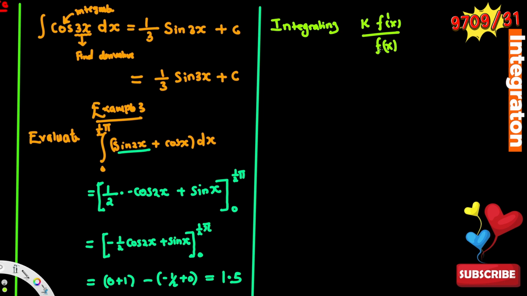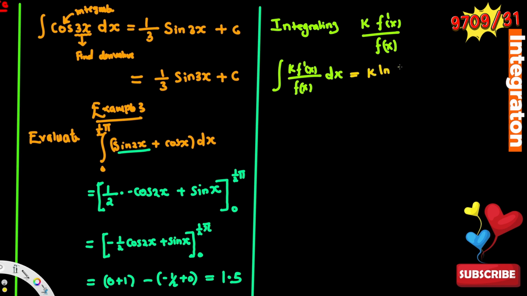Okay, before we move to that, let us have this one. You are given a question, and when you look at the numerator and the denominator, there is some similarity in the sense that if you differentiate the denominator, you will have that fraction at the numerator. So for instance, you have this.